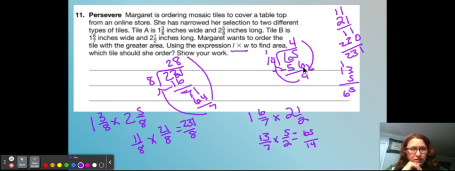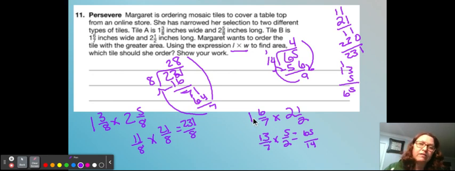That's a pretty big difference. Let me think about it. 11 times 21 is 231 divided by 8. 8 goes into 23 2 times.